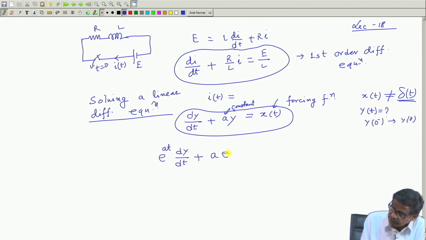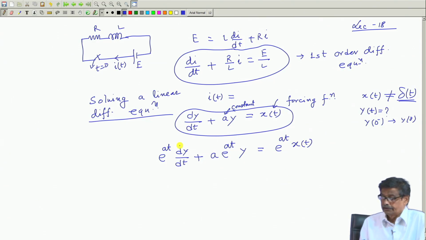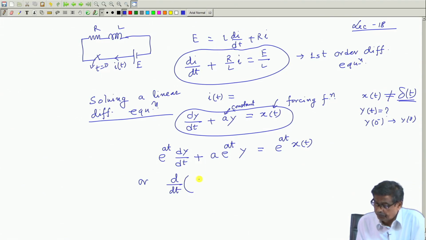So, e^(at) dy/dt plus a e^(at) y is equal to e^(at) x(t). x(t) could be a function of time, as I told you. Then we can write d/dt of e^(at) y is equal to e^(at) x(t), as it is the product of two functions, which we have done several times before.